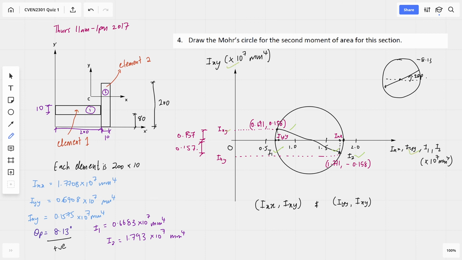But one thing we forgot, we need to put the angle. This angle here will be 2 times the angle we found over here, so that means 2θ will be equal to 16.26 degrees. And then that's basically it. That would be your final answer for the Mohr circle.